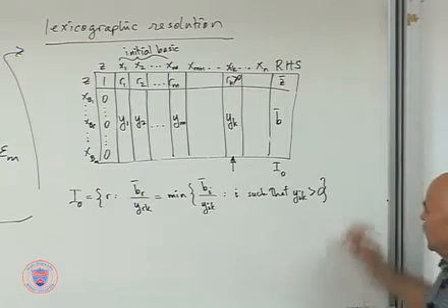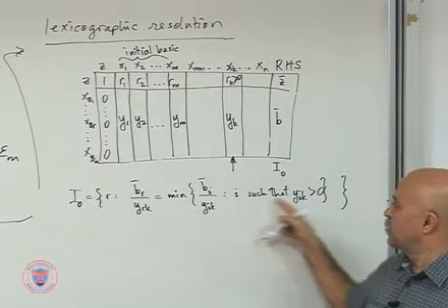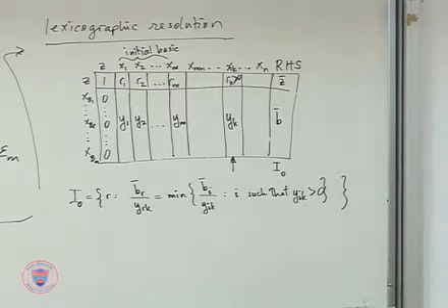Okay? So I0 is a set of row indices which qualify for the minimum ratio.